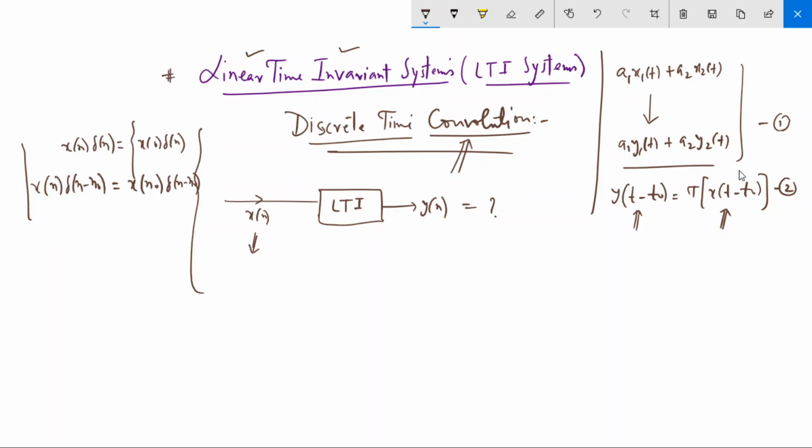Okay, so you take any input signal x[n], and we first express this input as a combination of unit impulses only. And how do you do that? Suppose you have a signal x[n] like this. At 0, its value is maybe 3. At n is equal to 1, it is 2. At n is equal to 2, it is 4.